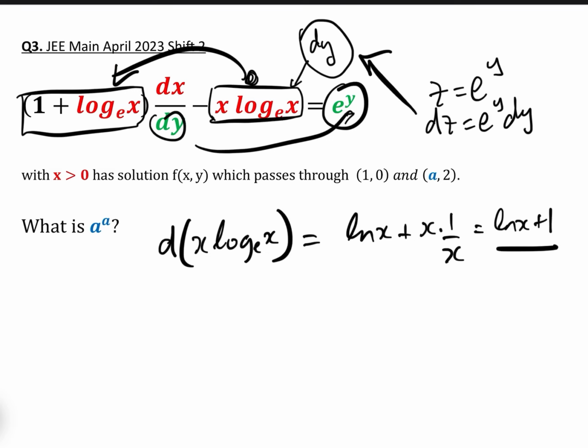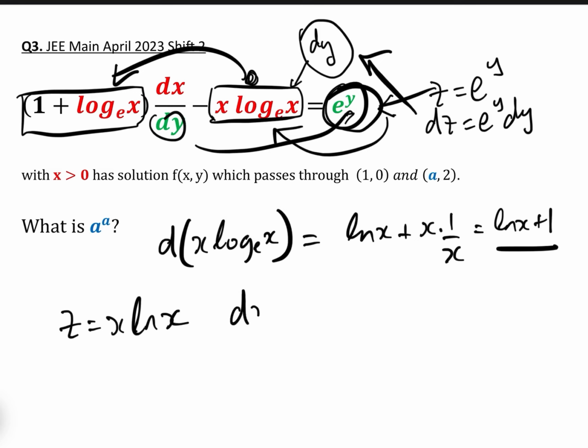So therefore, even though the e to the y equals z substitution doesn't work, it leads us to thinking, well, we have to make the other substitution. So let us make z equal x log x, and therefore dz equals, as we just worked out, 1 add log x dx.